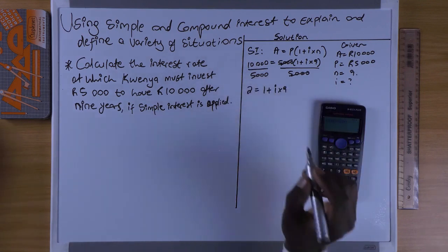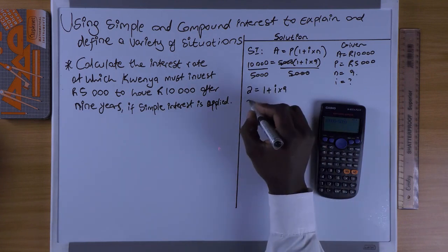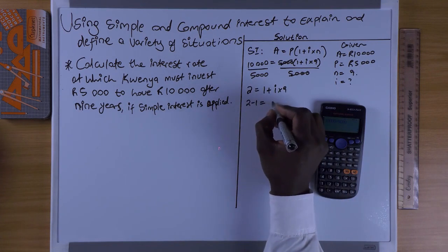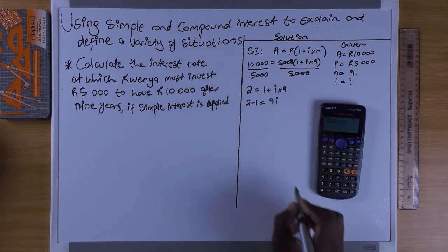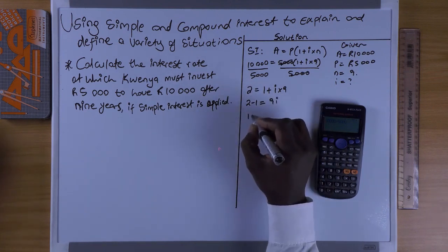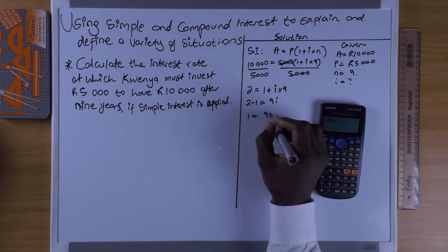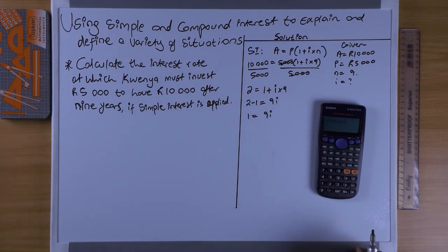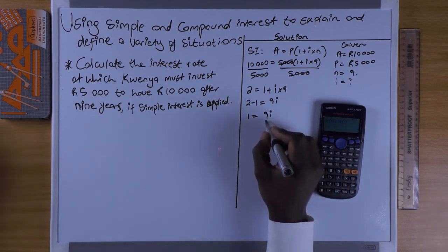So let's transpose the 1 to the other side. 2 minus 1 is equal to 9i. So 1 is equal to 9i. We want i, so let's divide both sides by 9.